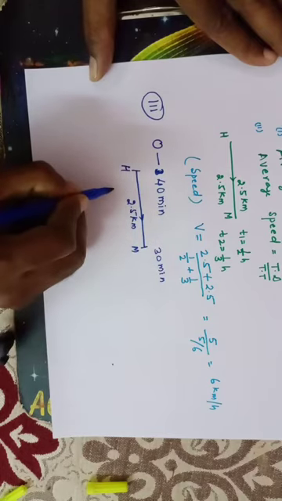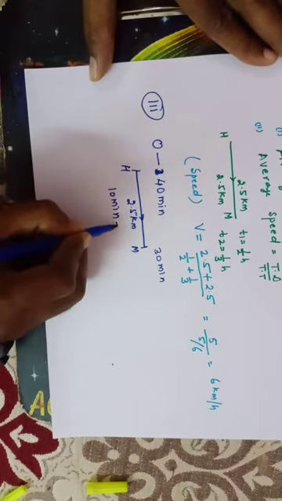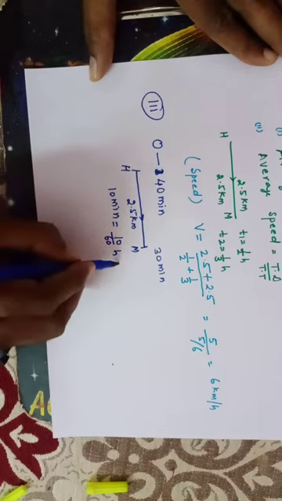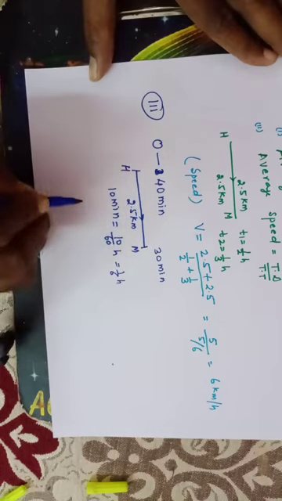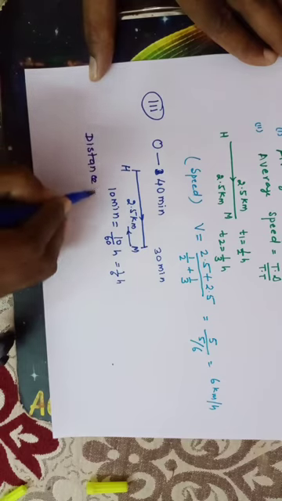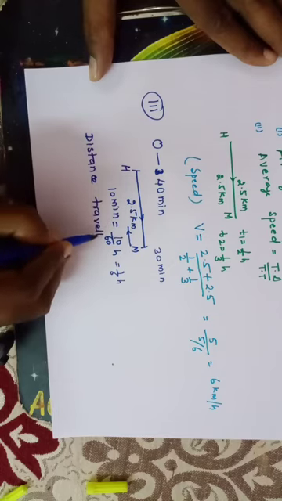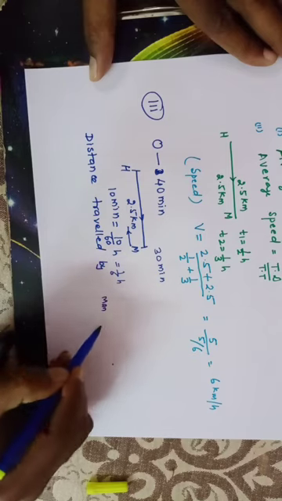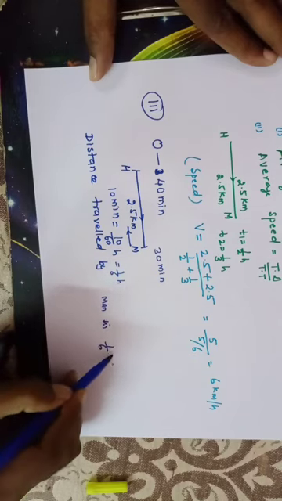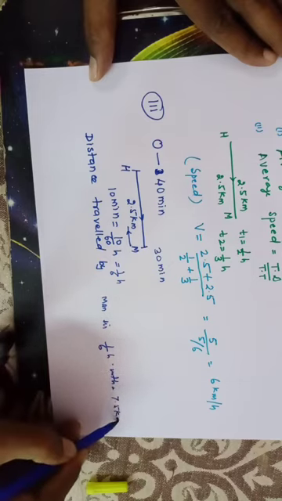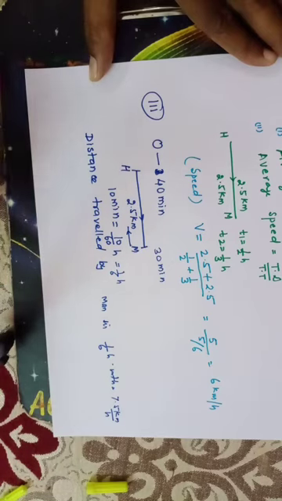Remaining minutes are what? 10 minutes. So in 10 minutes means 10 by 60 hour. That will be equal to 1 by 6 hour. So in 1 by 6 hour, how much distance will the man travel at 7.5 kilometer per hour, because while returning his speed is 7.5.